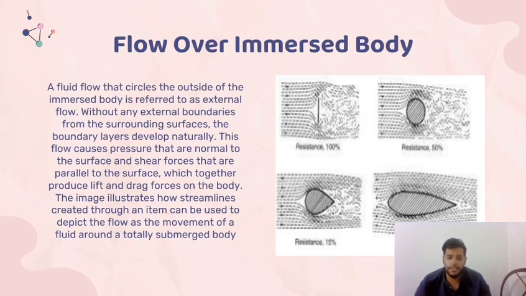In this image, as you can see, it illustrates how streamline created through an item can be used to depict the flow movement of fluid around a totally submerged body. Please note that the flow characteristics of a particular shaped object depend greatly on a variety of factors, including size, direction, speed, and finally fluid properties.